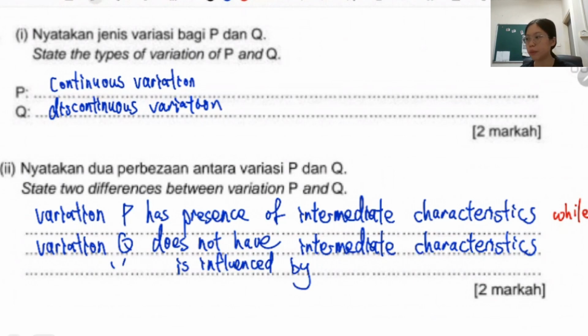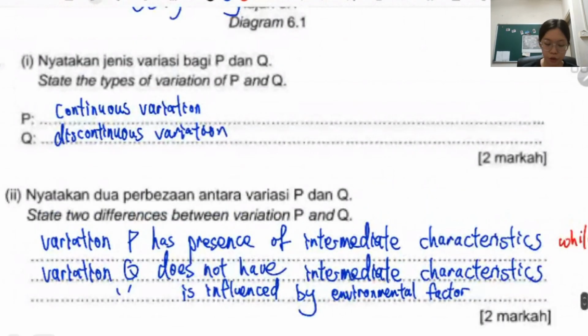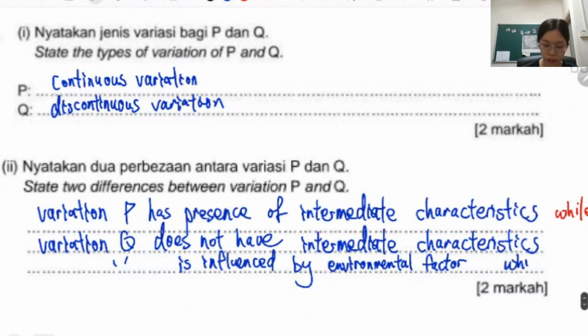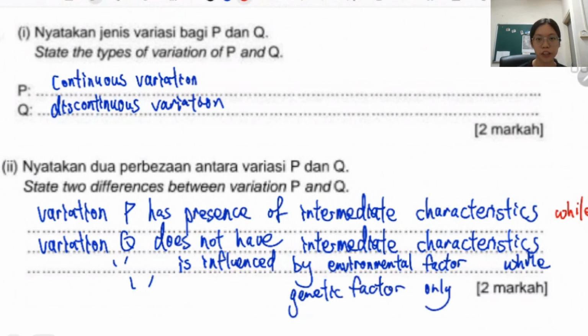Can it be influenced by environment? Yes, your eating habits, your lifestyle. So it can be influenced by environmental factor. Meanwhile, variation Q is not influenced by environmental factor. It is only influenced by genetic factor only. Continuous variation is not only environmental factor, it can also be due to genetic factor.